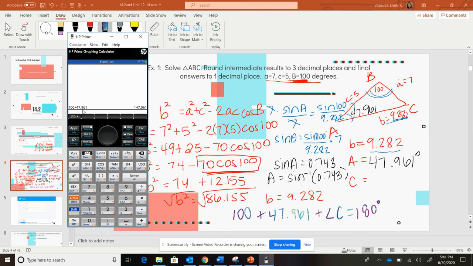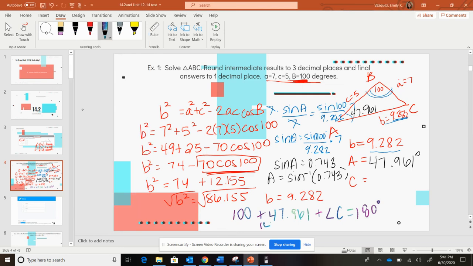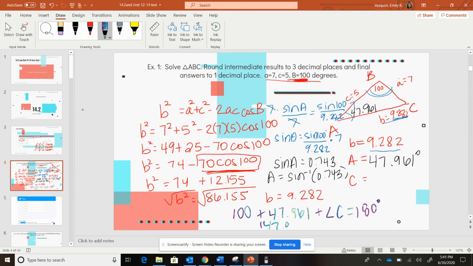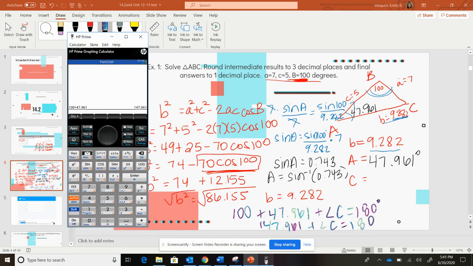All right. And then I need to do 180 minus, right? This is 147. I don't even know why I put that in my calculator. And then I'm going to subtract that from 180. So again, let's see if this works. 180 minus my previous answer, which I can double click, or I can just hit shift and the plus sign.